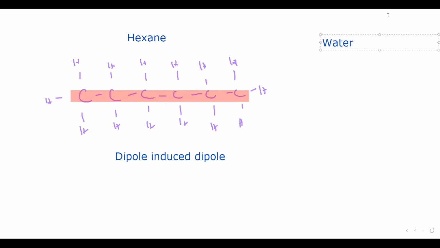When we check, water has a major force, which is hydrogen bonding. So they don't have any similar force. The major force in water is the hydrogen bond, as hydrogen is bonded with a highly electronegative element: oxygen, fluorine or nitrogen.